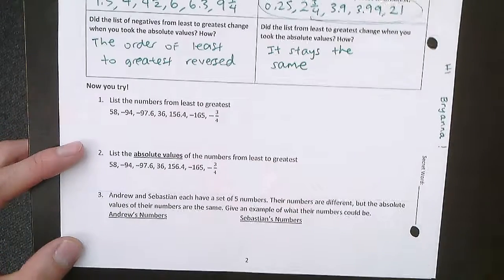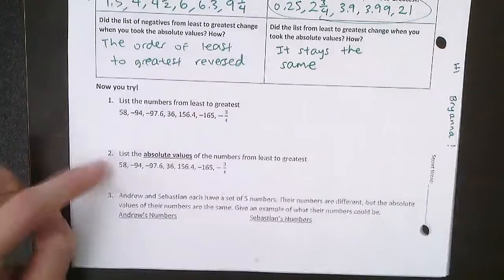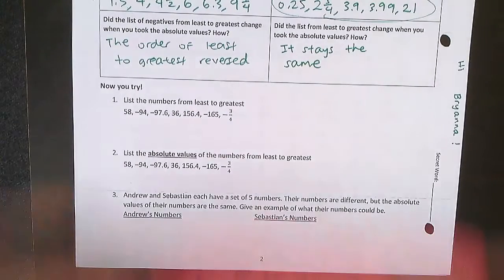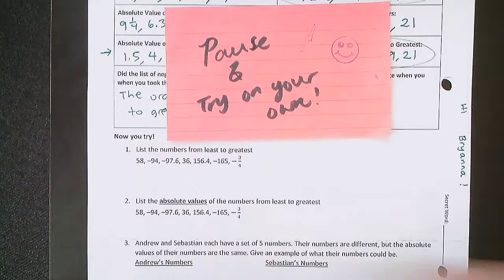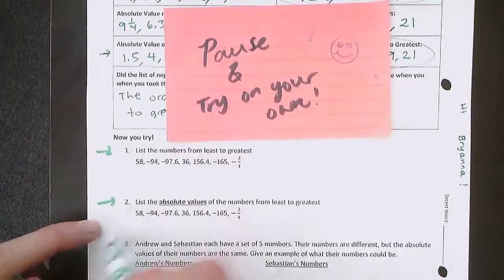Okay. Now, just a quick check to see if you have learned what we just went over about absolute value. 1, 2, and 3, these problems, I want you to pause and then try these 3 problems right here on your own.